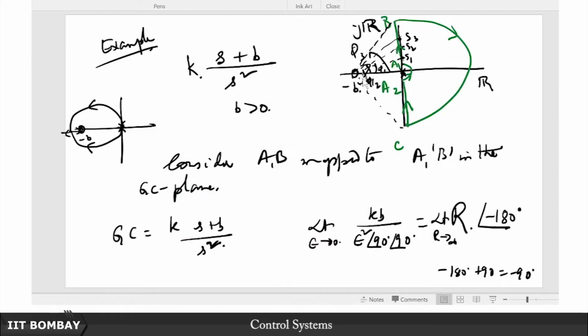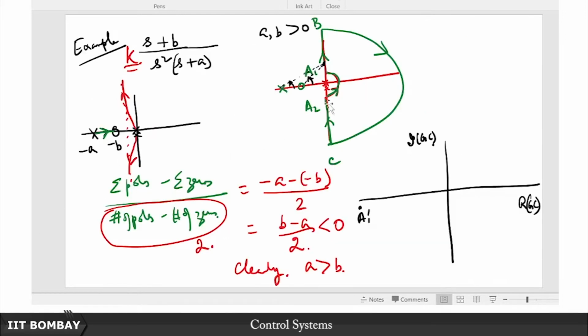You recall this is somewhat analogous to the use of a PD controller and a lead compensator. Just like a lead compensator gave you a phase lead, not exactly the extreme case like the PD compensator, but still a phase lead. So here also, at any test point in the segment A1 to B, there is effectively a phase lead. What does this mean? You have minus 180 degrees plus some positive angle, so the net result is like minus 172 degrees, minus 160 degrees, something like that.